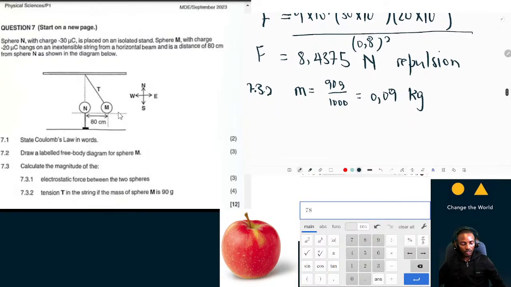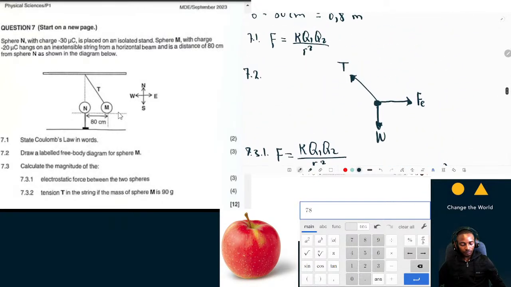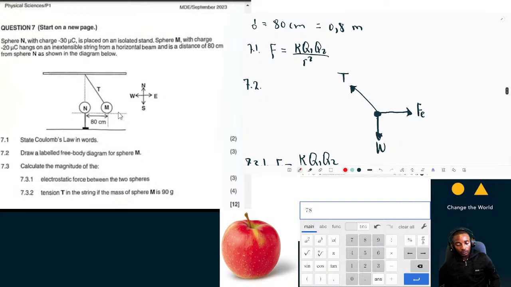Okay, let's go back to our free body diagram. What I'm going to do here, we know when the force is applied at an angle, we resolve that force into its components. So here we're going to have the vertical component and the horizontal component. The vertical component will be opposing the weight.